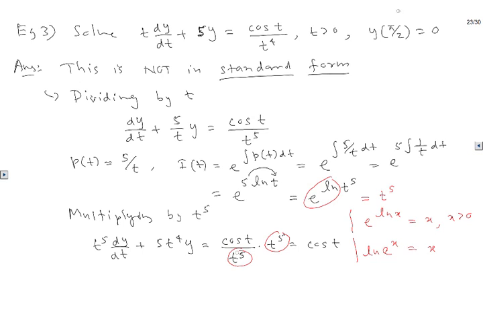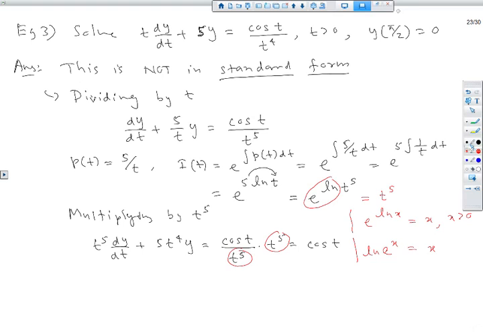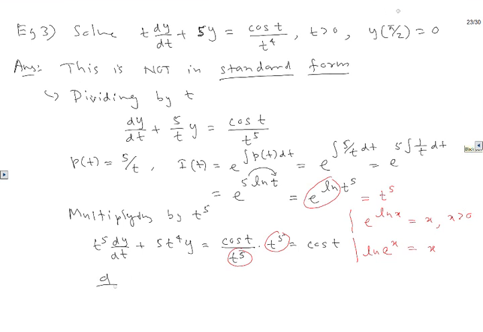Very interesting. Now the left side is simply the derivative of y times t to the 5th power. Here we have cosine t. We can integrate both sides, and you're going to get the answer very quickly.